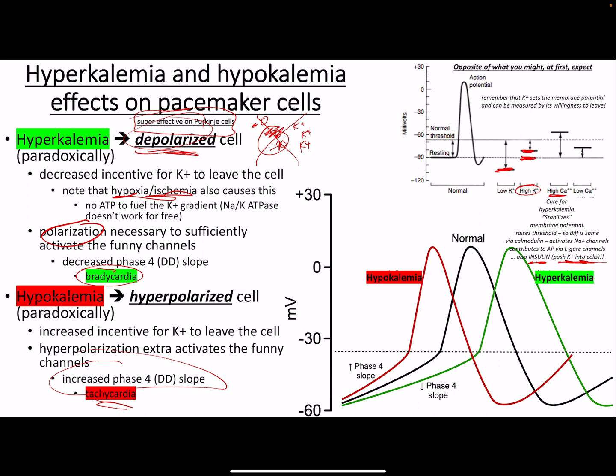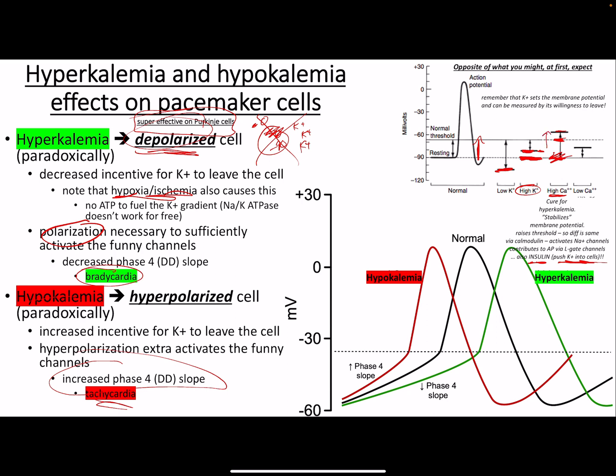Probably most importantly, it somehow raises... so high potassium might raise our resting potential from here to here. High calcium, on the other hand, raises the threshold potential from here to here. So if I need to get from here to here to have a firing, that's a certain amount of distance.